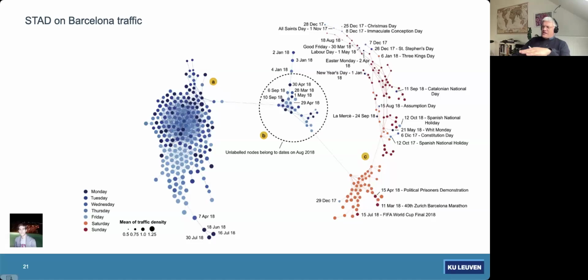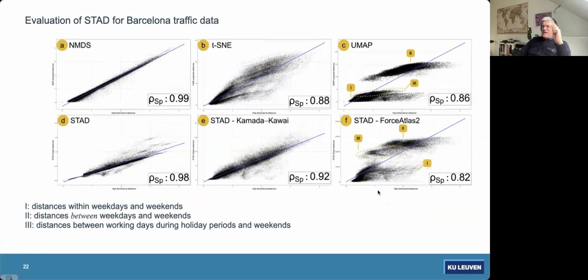We also looked, of course, at how accurate this method is by creating Shepard diagrams. So looking at NMDS versus the original data, our method versus the original data.